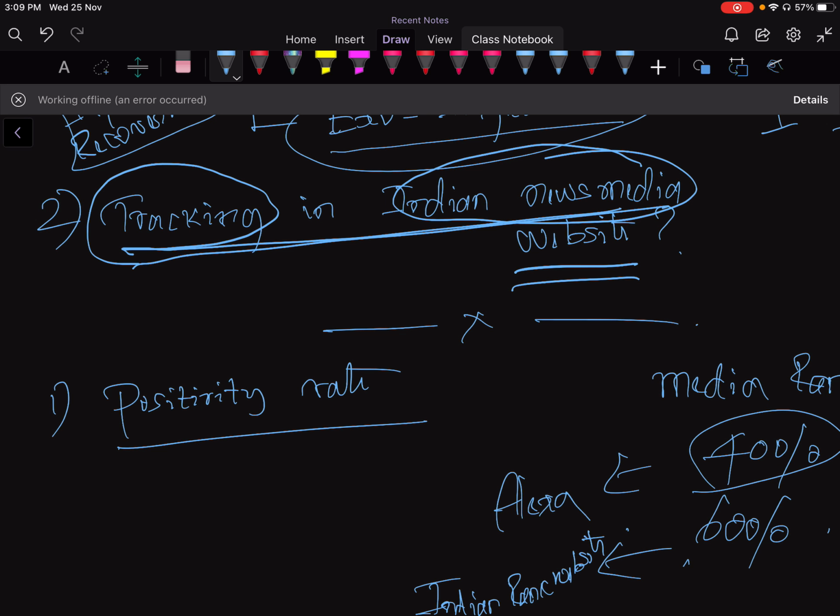So how am I going to look at the tracking, which is done in separate pages? If I want to look at the other pages also, then I need to collect the content of the data. For that, I need to crawl those websites. To do the crawling, I need to write an automated script that will collect the content.